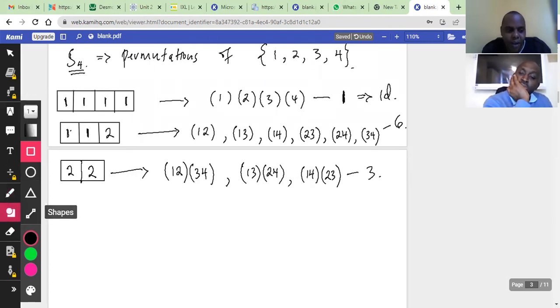So how else can we do it? Can you try coming up with the next way?